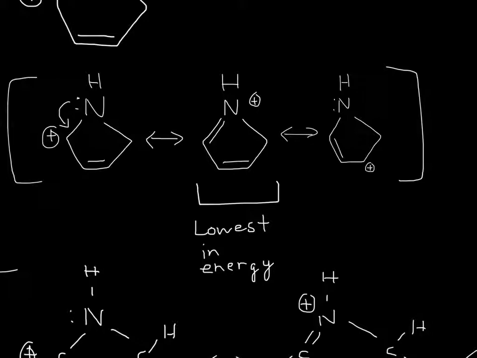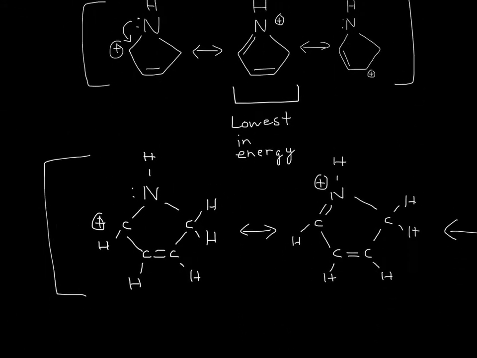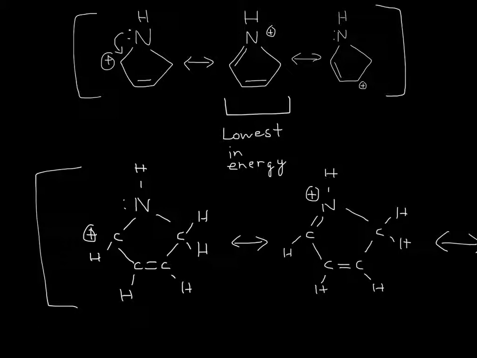This might be hard to see, so I drew out all the carbons and nitrogens and stuff, so it's easier for you to see what I'm talking about. So here I have the lone pair, and all I did was move this lone pair and make a double bond. So what does that do?